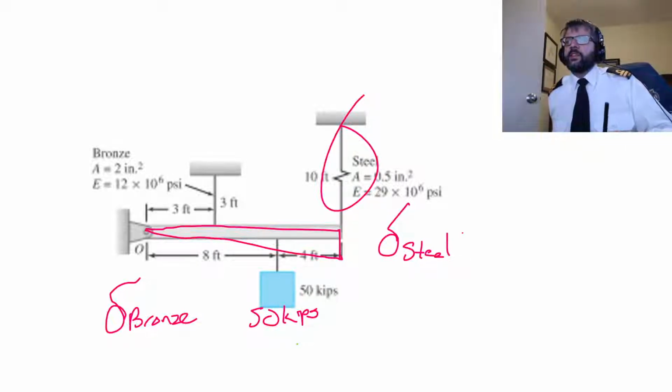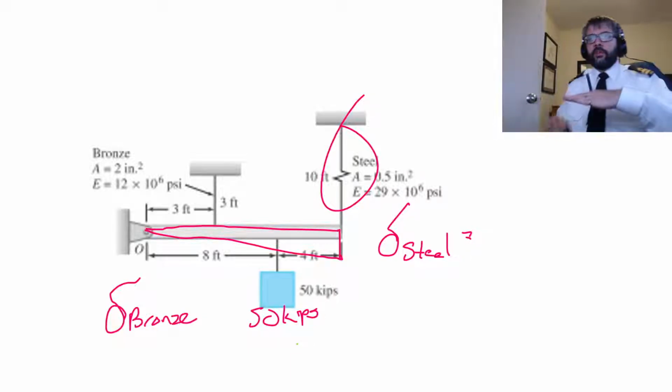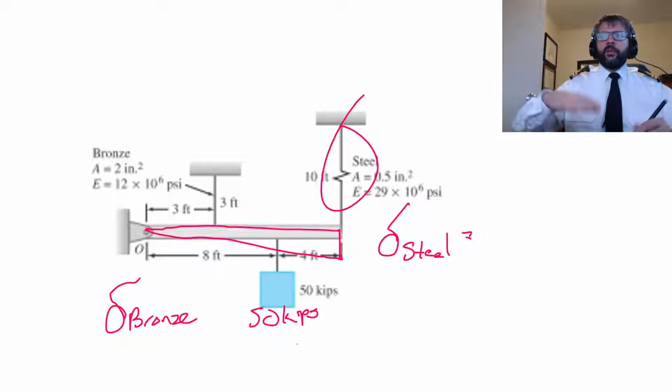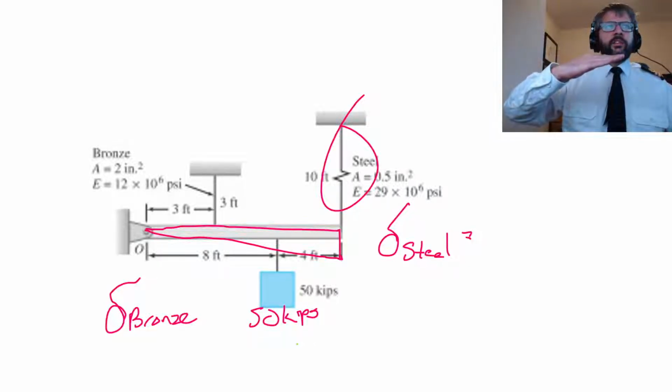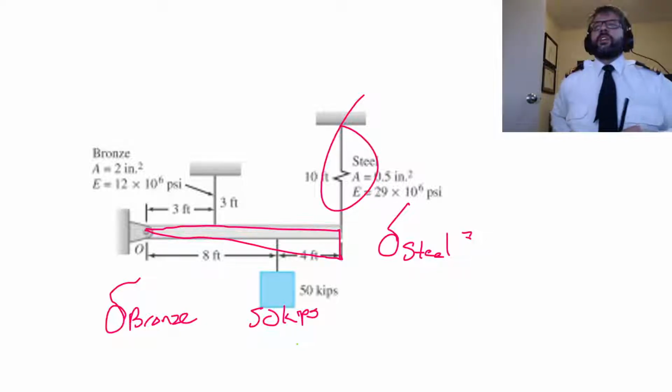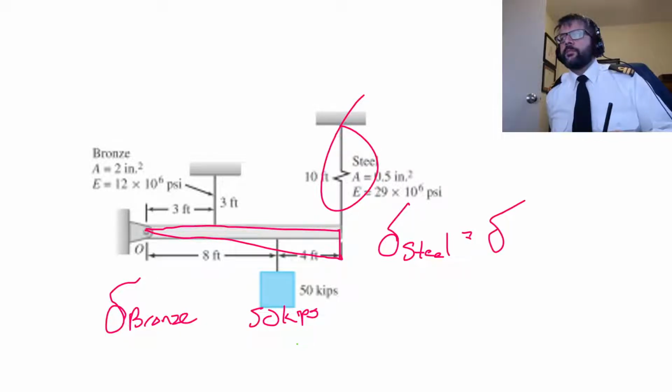So the displacement in the steel is going to, let's see, we got a total of 12 feet to the steel, and we got a total of 3 feet to the bronze. Therefore, in order for this beam to stay rigid, to stay straight, the steel needs to stretch 4 times as much as the bronze does.